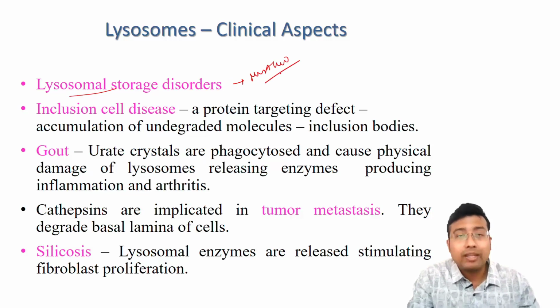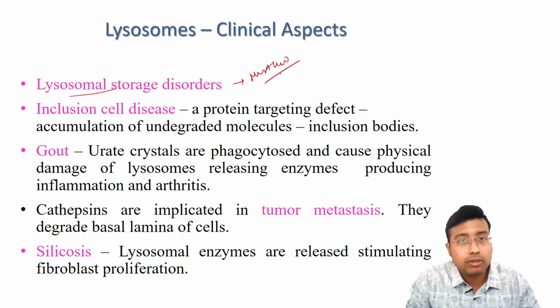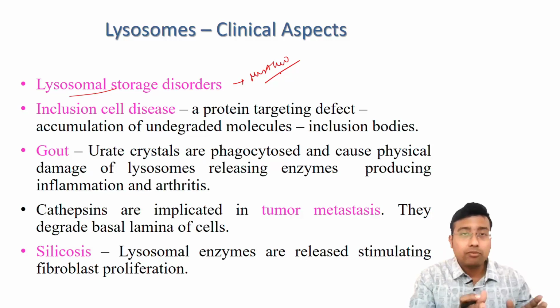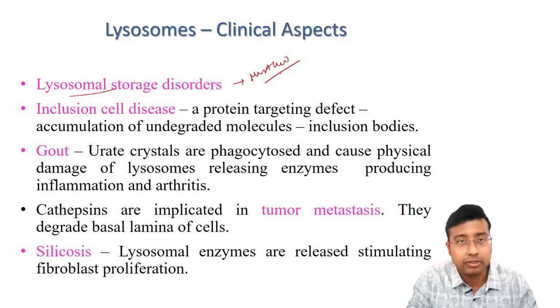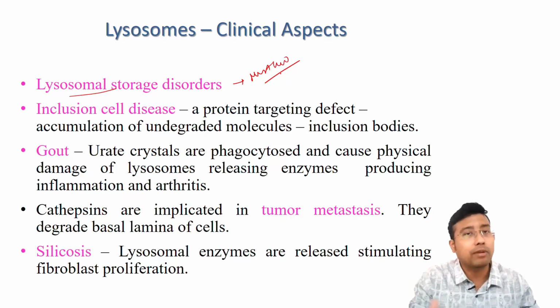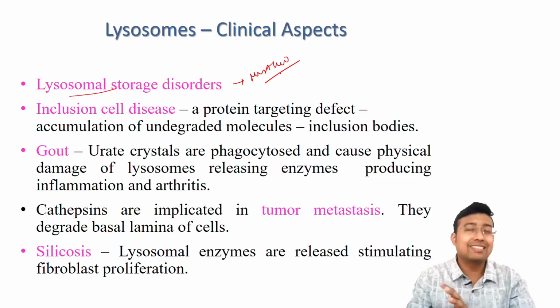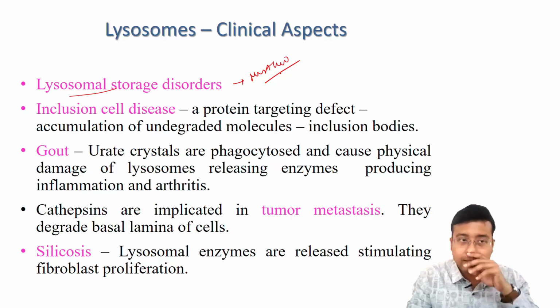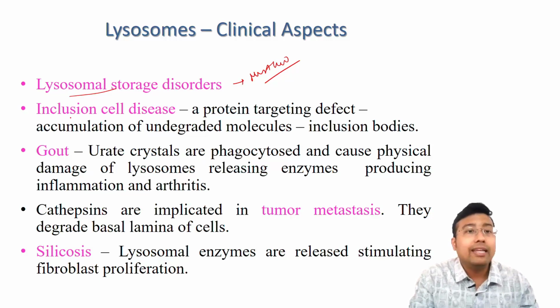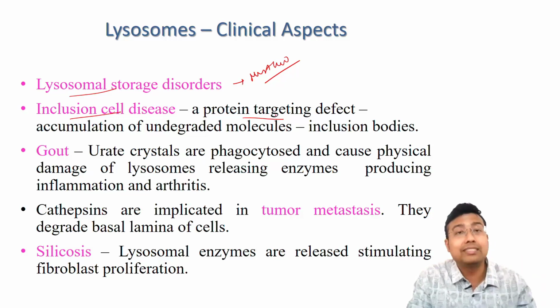You should always read the chart of all lysosomal storage disorders, the names of the disorders, the names of the enzymes. That's it. You don't need to know the clinical features. There are a few common clinical features of lysosomal storage disorders that apply to every one of them. That's your homework. Anyway, inclusion cell disease, you should remember for an MCQ, is a protein targeting defect and it is related to lysosomes.